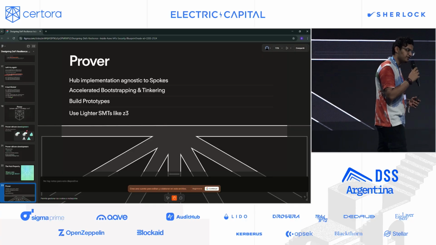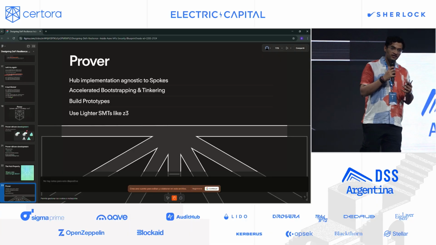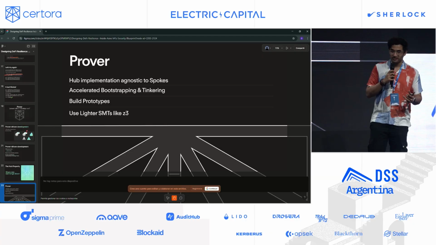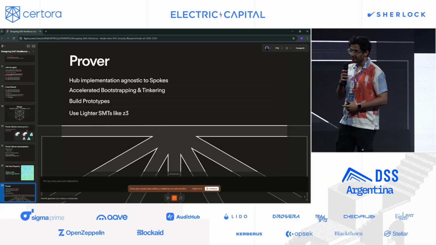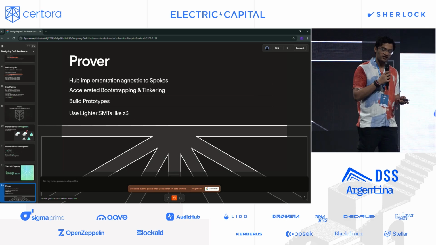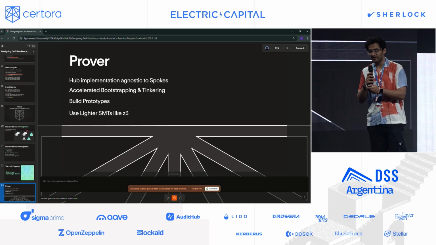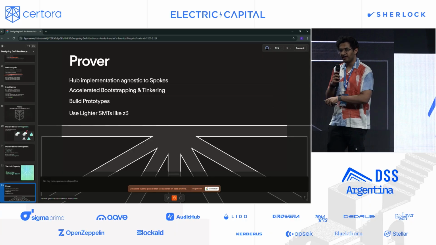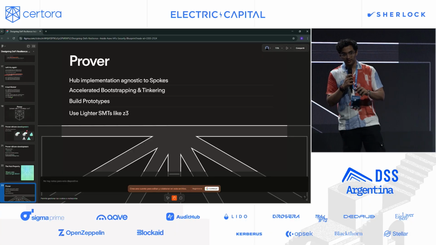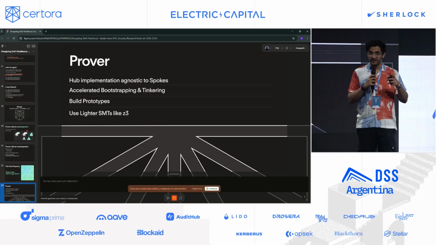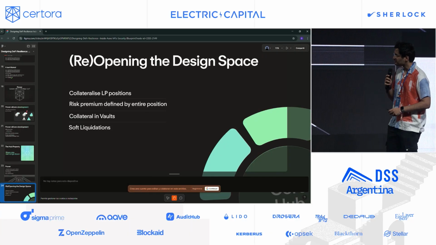Another tip that I have: as we know, the Certora Prover is a symbolic engine, so consider using lighter SMT solvers like Z3, such that you can script and type out smaller parts of your code faster. Maybe you're doing some extrapolation on the hub or on some level, and you want to figure out if these roundings work, after thinking about whether they're in favor of the protocol or not.